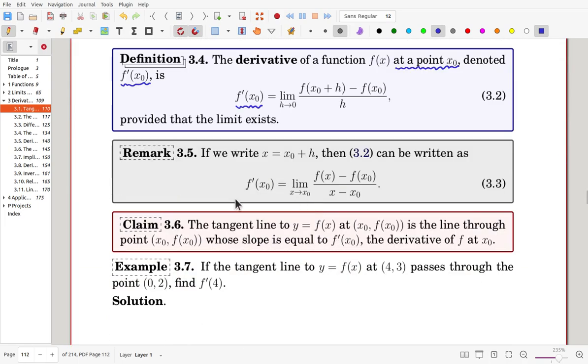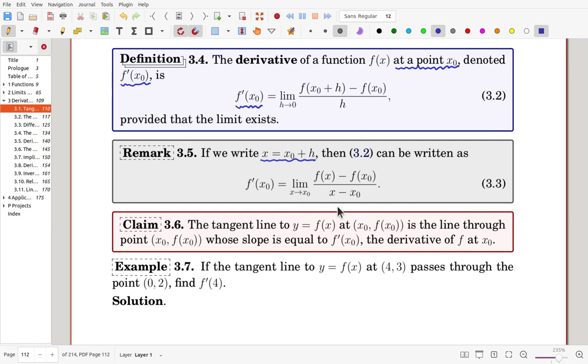Okay. Here, this derivative can be rewritten in this way. Once you write x equals x0 plus h, then x0 plus h can be replaced by x, and h can be replaced by x minus x0. So we get that formula.